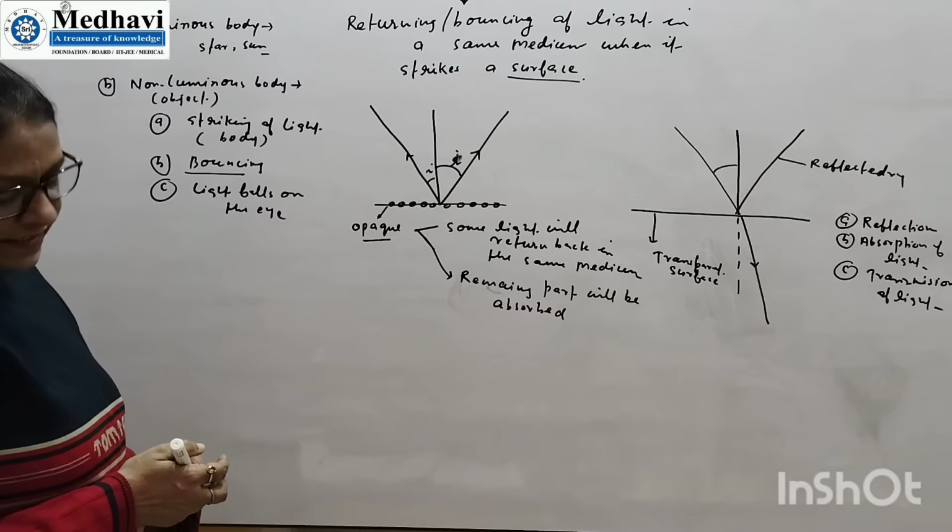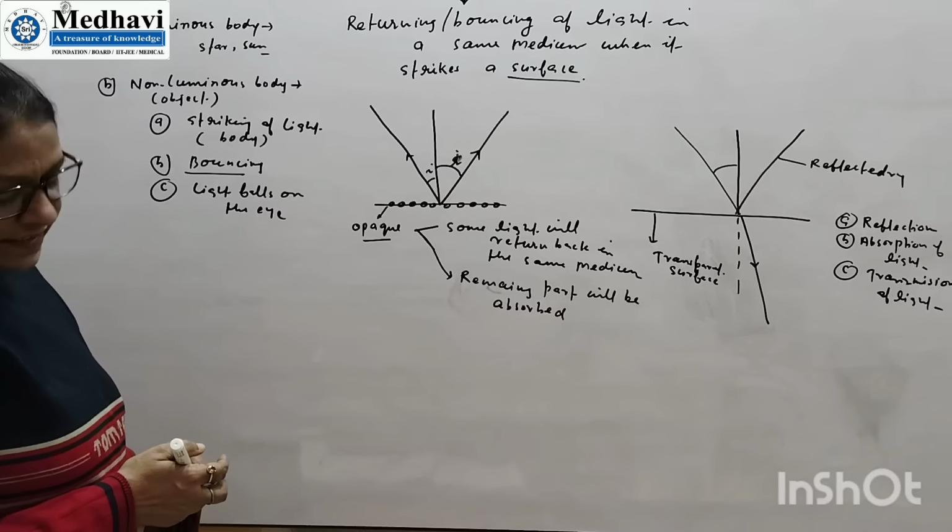Second thing that we have to study is types of surfaces, because reflecting capacity or reflecting tendency depends upon the surface also.